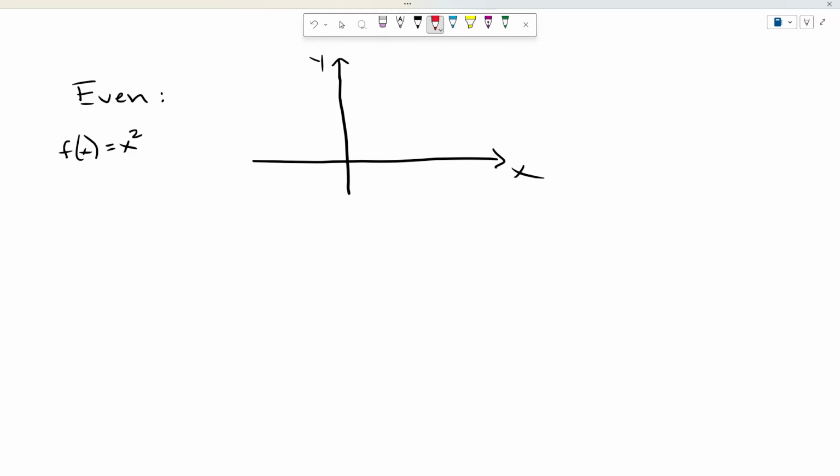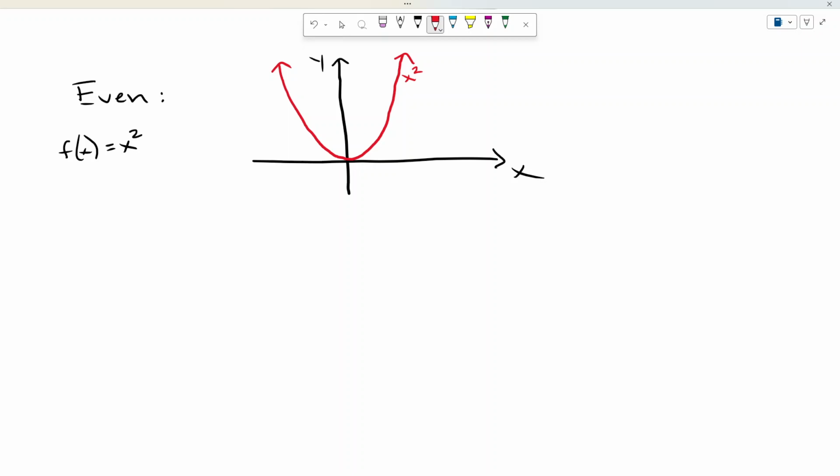So we are going to graph what x squared looks like, roughly what it looks like. Okay, so this is our x squared here, function x squared.